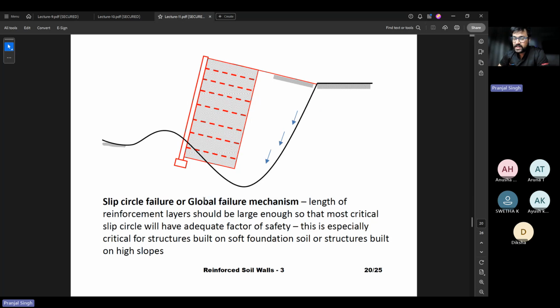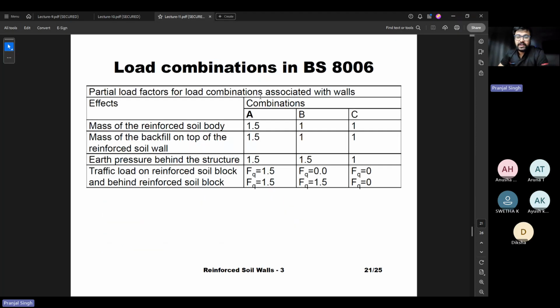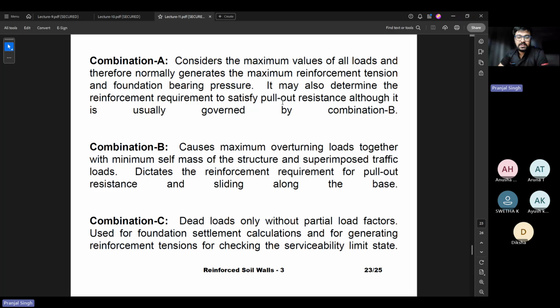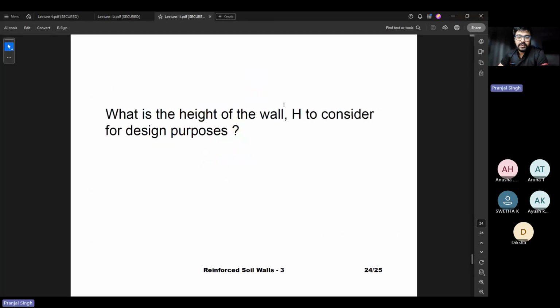So this is an external failure mechanism. You have to make sure that the weight of this whole rigid block does not cause any bearing capacity failure. And then different load combinations, and you need to find out this question also.